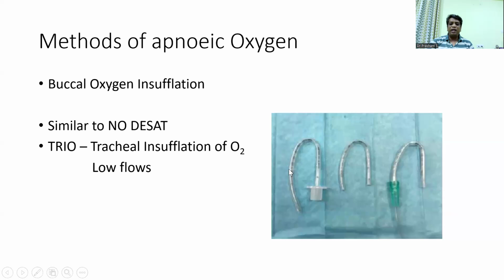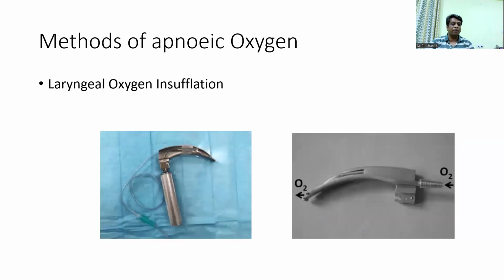Here what we do is we take a RAE tube, cut the end where the Murphy's eye is present, take out the connector part, and connect the cut Murphy's end part to an oxygen supply. This will be inserted on the left side of the cheek, the buccal side, where the laryngoscope is supposed to settle. So it keeps on giving oxygen during the intubation time.